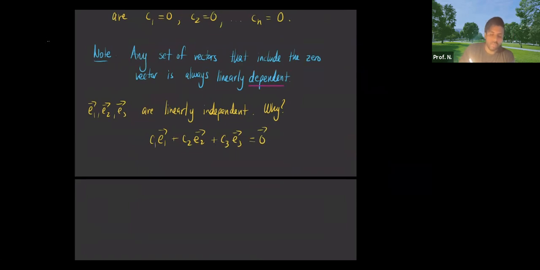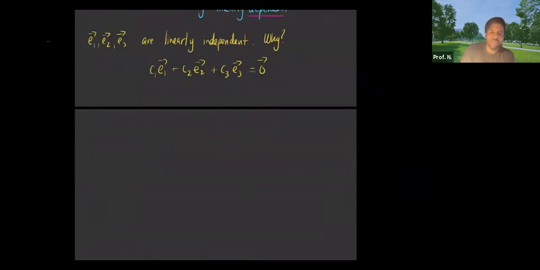What does C1, C2, C3 have to be? Well, what is E1 again? 1, 0, 0. What is C2 E2 again? 0, 1, 0. What is C3 E3 again? 0, 0, 1. And this is 0, 0, 0.